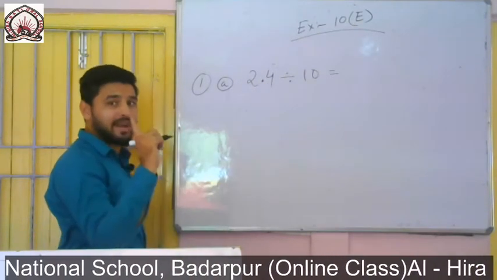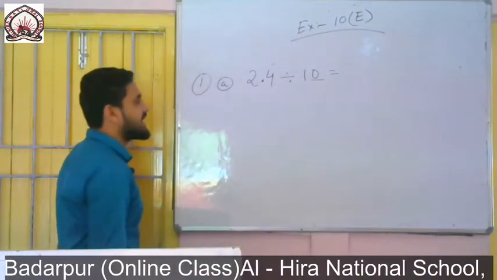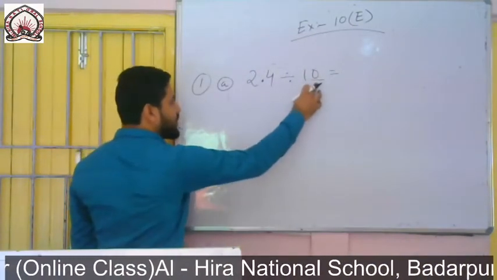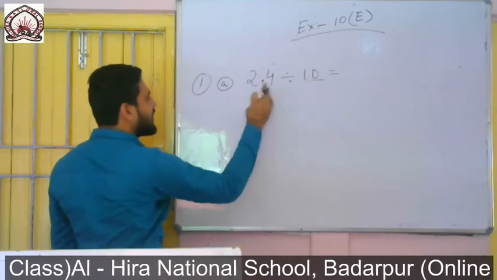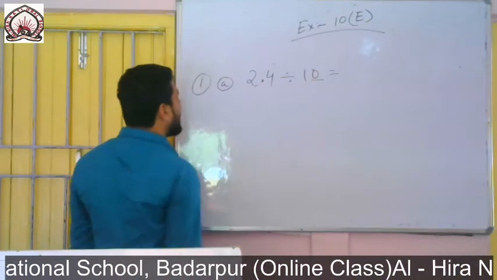Why one place left? Because in the divisor there is 1 zero. So for that reason the point should be shifted one place left.